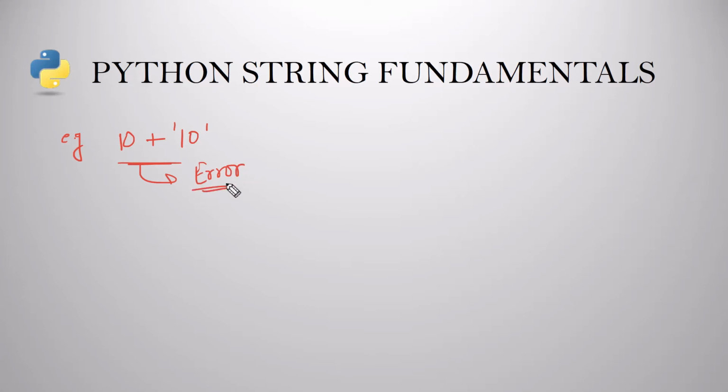So here this plus can do both addition and concatenation. Python treats this as an error rather than guessing and doing type conversion on its own. So it's basically the programmer's decision whether they want to treat this as a string operation or a numeric operation.